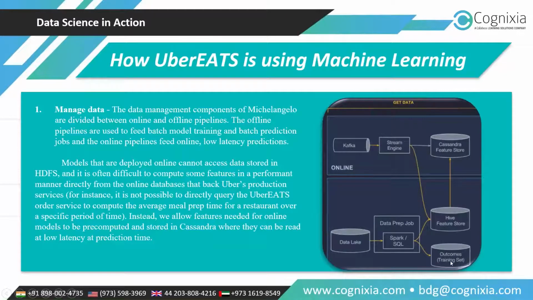What is the outcome? Basically, the outcome is the training set, on which your machine learning model is trained. So on day one itself, you cannot start making this type of prediction. Maybe when Uber Eats introduced their app, from day one itself, they did not provide this option to show you the estimated time of delivery.